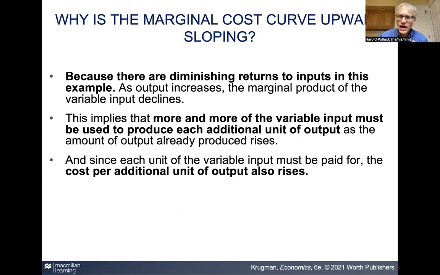That's why the marginal costs are often increasing. Let me just say that again. Because you've got diminishing returns, you've got to apply more and more expensive inputs to get another unit of output when you're already producing a lot of output. That bottleneck is what's really making that marginal cost curve go up.